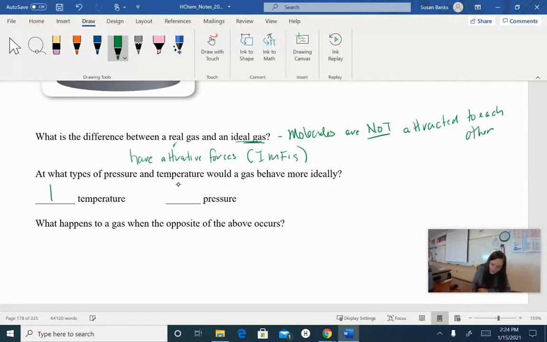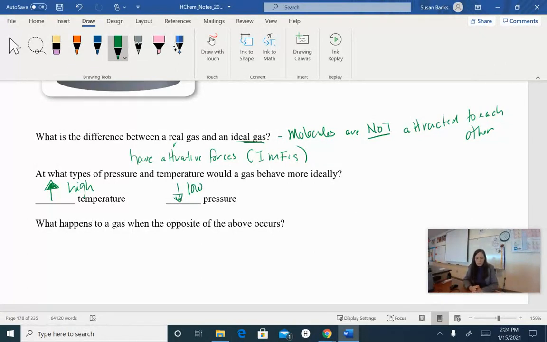So we're going to have really high temperatures. What kind of pressure? Am I going to want pressure where it's all smushed together, lots of pressure, or less pressure so that they're expanding out? Yeah, we're going to have very low pressure. I want things to be expanded out so the molecules are really far away from each other.